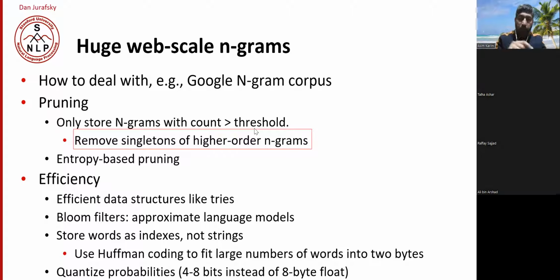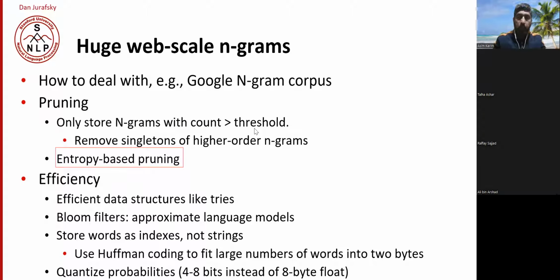So for example, if we want to find the bigram wi, wi minus 1, for wi we will not keep its unigram because its bigram has sufficient count. The bigram would give us a reasonably good estimate. So singletons basically means the lower order n-grams.